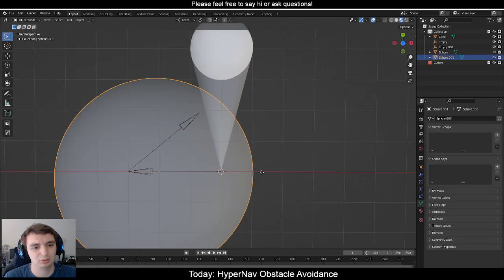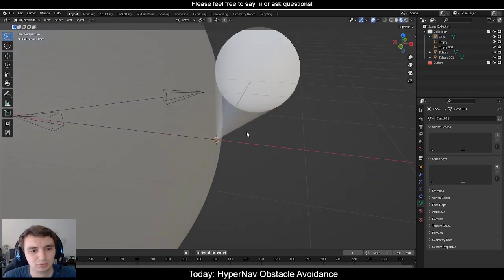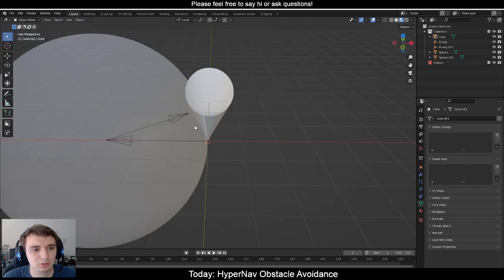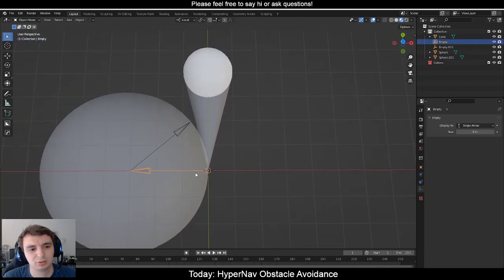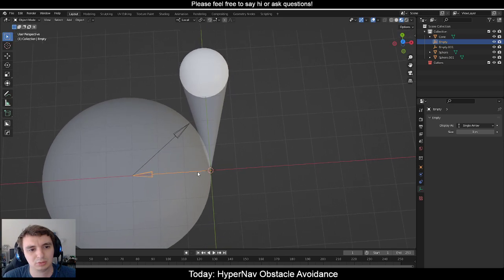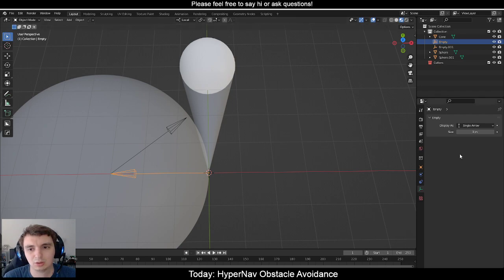So there. That to there. 3 is too much because it now is not going to hit the object. 2.9.